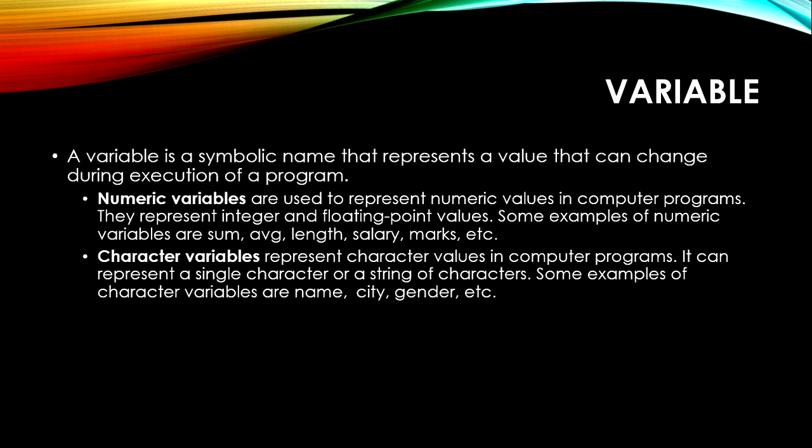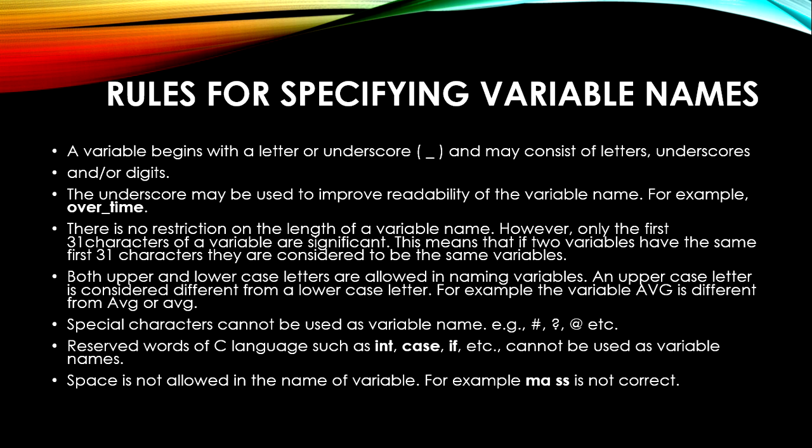Now we will discuss the rules for specifying variable names. A variable begins with a letter or underscore, and it may consist of letters, underscores and or digits. The underscore may be used to improve readability of the variable name, for example, hour_time.